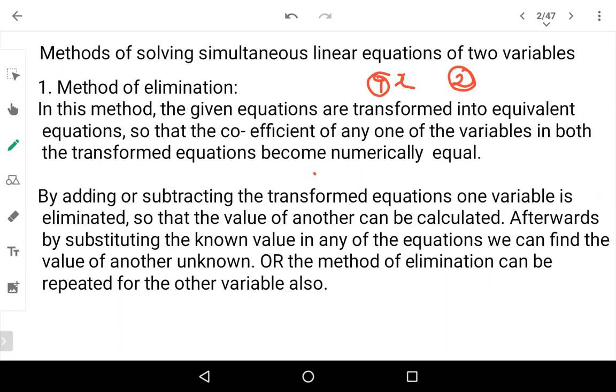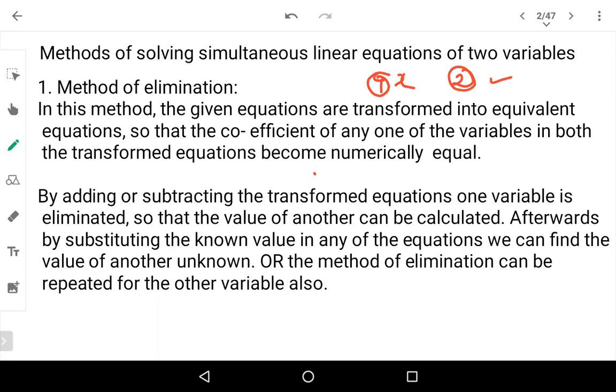In both the equations, we are going to make one of the coefficients the same, either for x or for y. I hope you would have solved such equations before, but these are very widely used in all research methodologies, or if they want to solve any problem in business, there are departments who use such simultaneous equations. So both the coefficients of the two equations will become numerically equal.